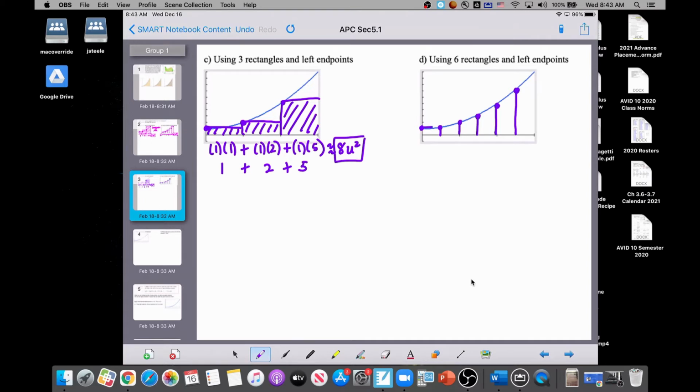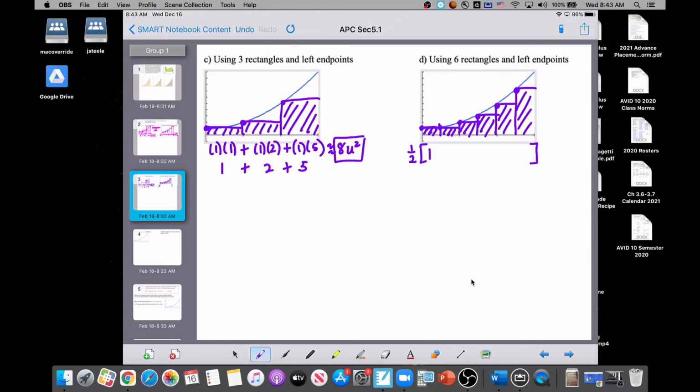So here are our 6 rectangles. And to calculate the area here, I'm going to put the 1/2 for the bases of the rectangles on the outside, and then put the heights in here.